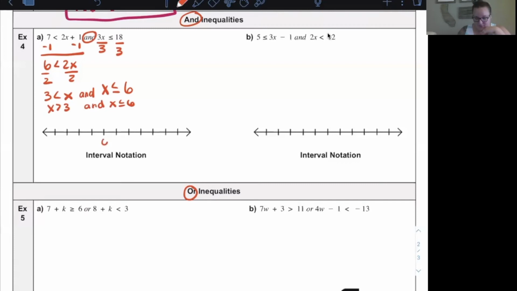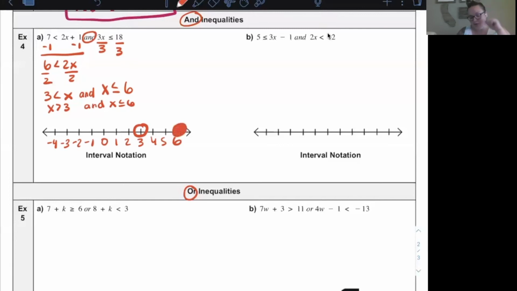You're going to have 0, 1, 2, 3, 4, 5, 6. Make sure you get some negatives as well. You're going to have a circle on 3, and it's going to be open because 3 is not included this time. And then you have x is less than or equal to 6, so you're going to have a closed circle on 6.